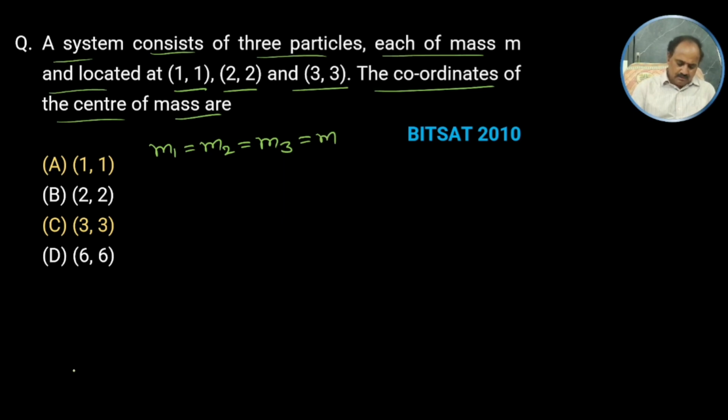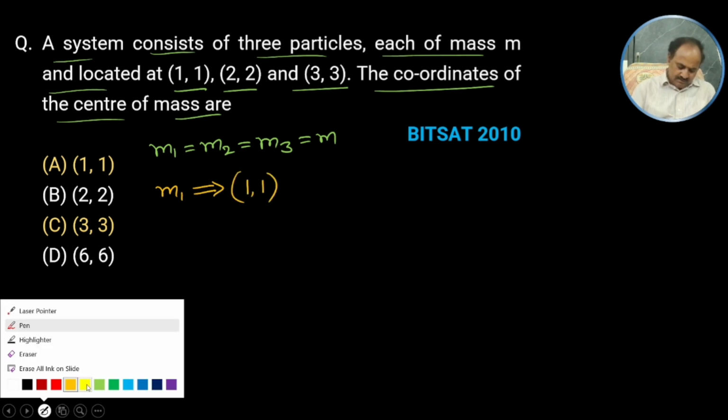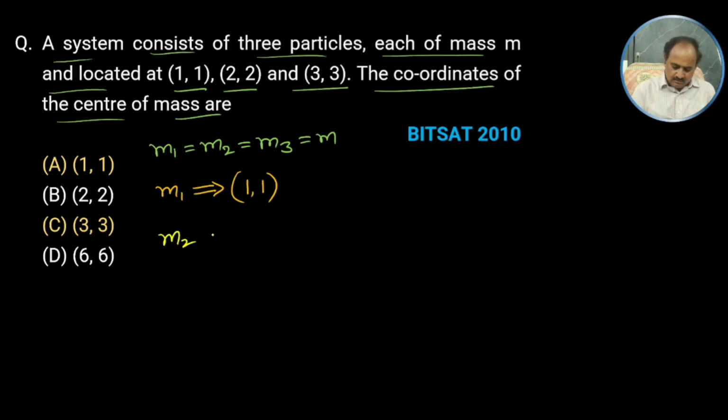The first particle is located at the point (1, 1), the second particle m2 is located at (2, 2), and the third particle m3 is located at (3, 3).